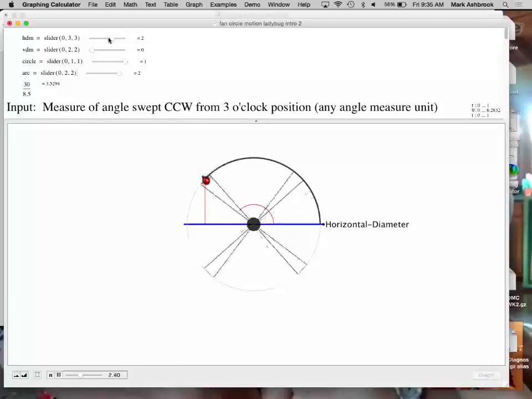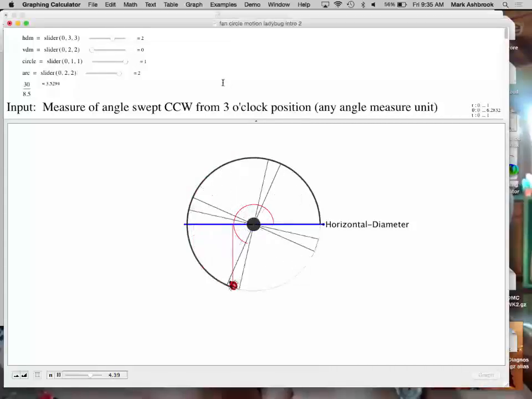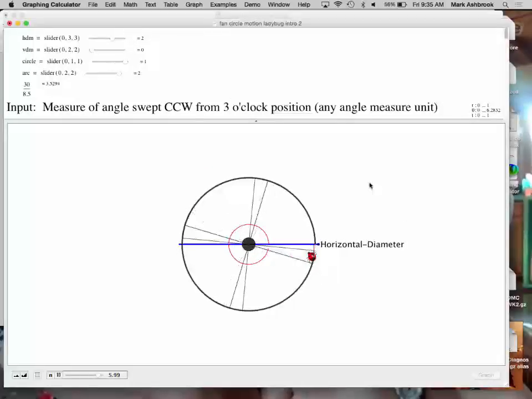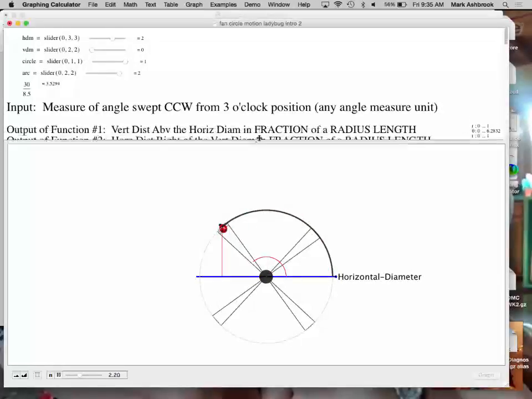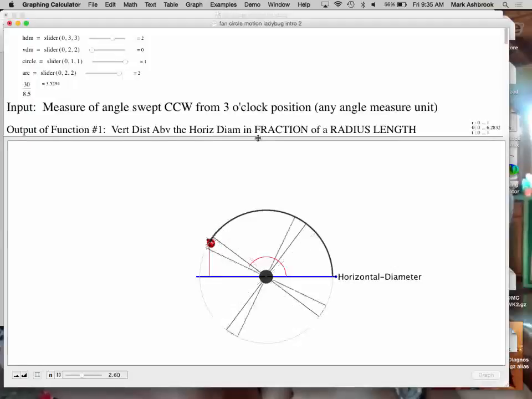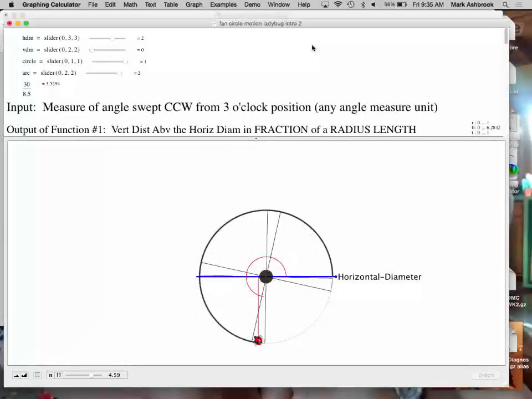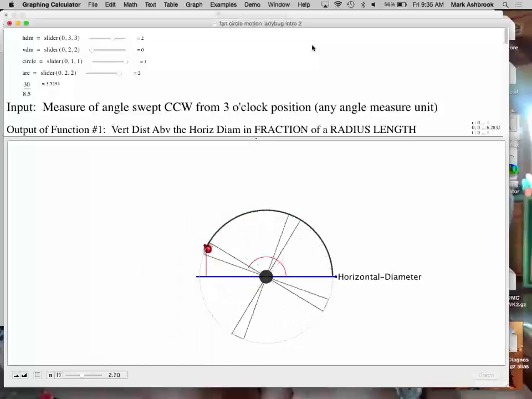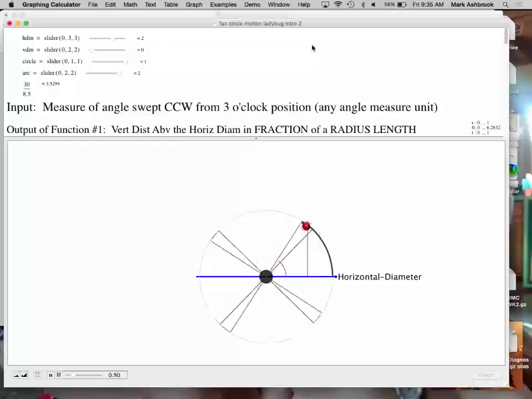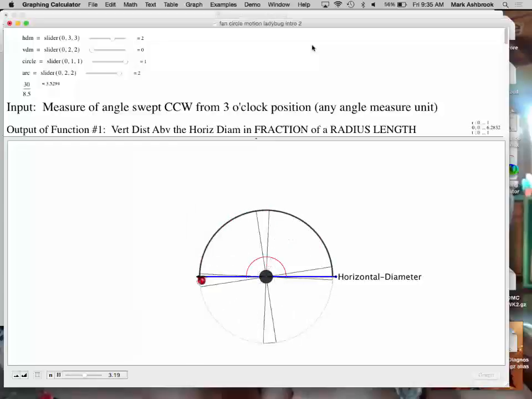Vertical distance output. So for function number 1, the output's going to be the vertical distance above the horizontal diameter measured how? So we talked about this earlier. To be universal and generic, we can measure that in a fraction of a radius length. We're going to measure the vertical distance above the horizontal diameter in the fraction of a radius length.